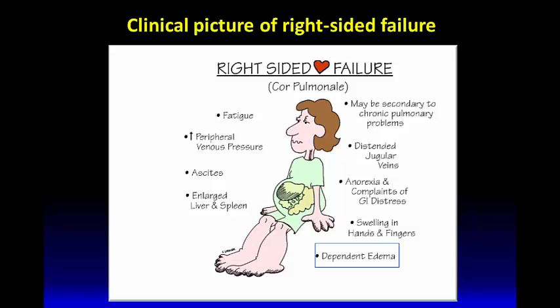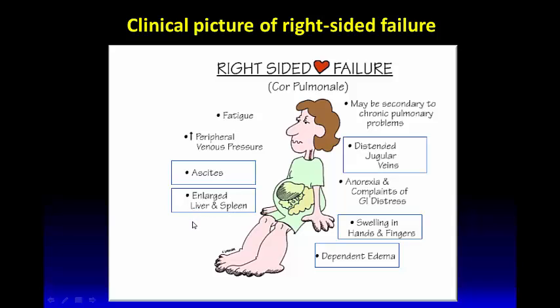Important signs include dependent pitting edema, swelling in the hands and fingers, ascites, which is accumulation and retention of fluid in the abdominal cavity, hepatomegaly and splenomegaly, enlarged liver and spleen, and distended jugular veins.